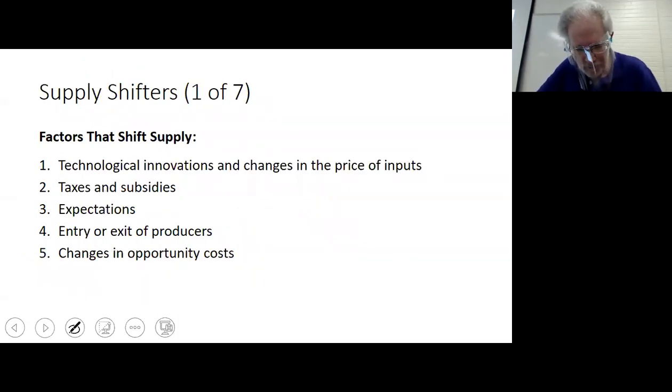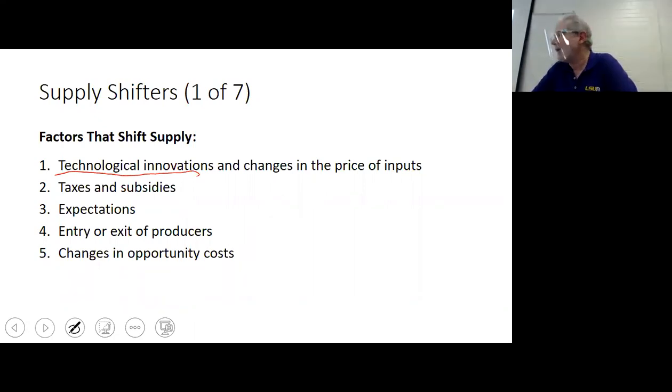Or supply. These are things that would shift the supply curve. You want to be sure you understand these. Notice these are things that have a direct impact on what the producers are going to do, what the producers are willing to do, how much they're willing to sell. Technological innovations and changes in the price of inputs.